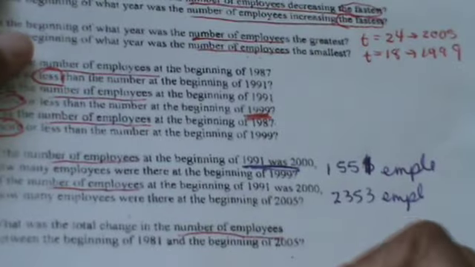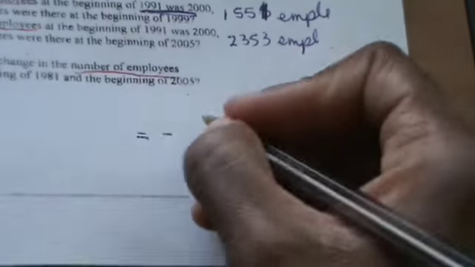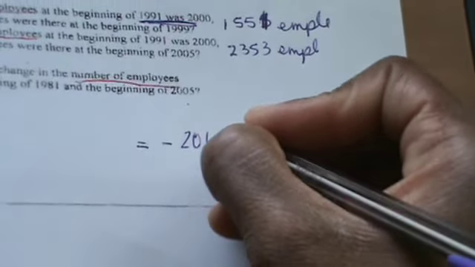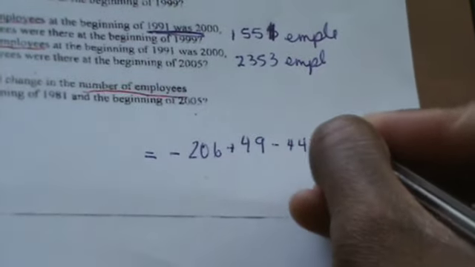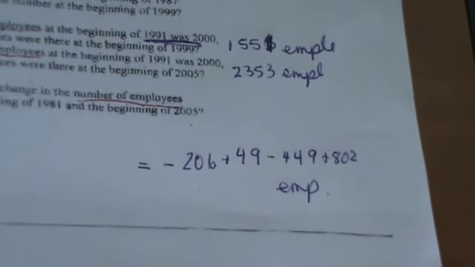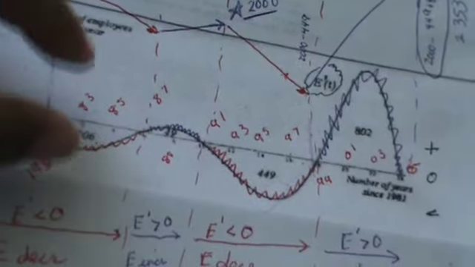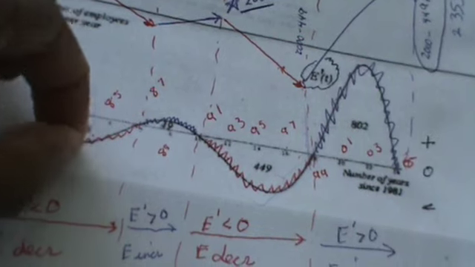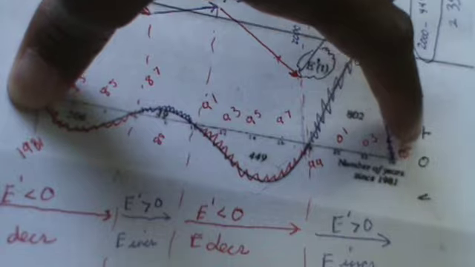So one way to do it is to write it in numbers, right? So you could write minus 206 plus 49 minus 449 plus 802 employees, right? But if you were to write it in a mathy way, then you would have to acknowledge that this is basically just the region trapped between the function and the x-axis, starting at x equals 0, ending at x equals 24, right?